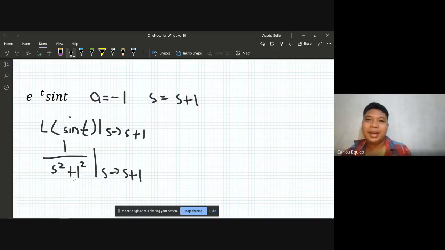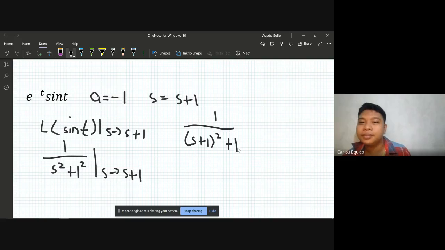Okay, next, what we're going to do is substitute the value of s. So the value of s is s plus 1. So 1 over s plus 1 quantity squared plus 1.